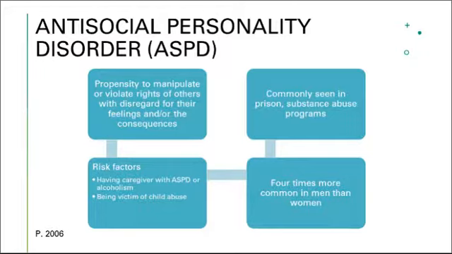Okay, back to antisocial personality disorder. Propensity to manipulate or violate the rights of others. Risk factors: having a caregiver with antisocial personality or alcoholism, being a victim of child abuse, four times more common in men than women, commonly seen in prison.